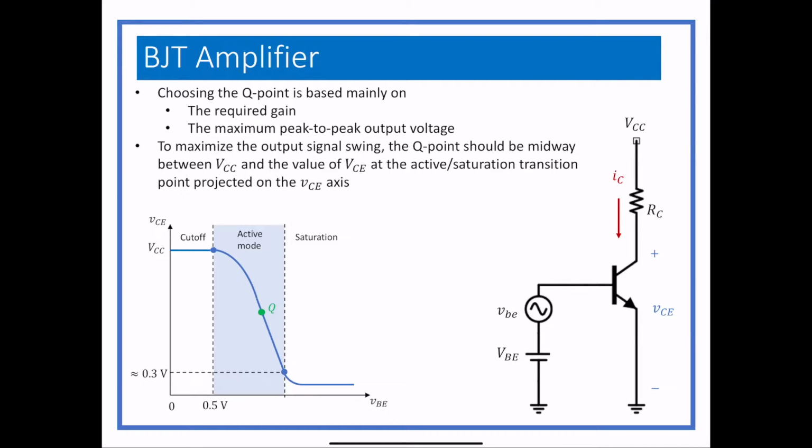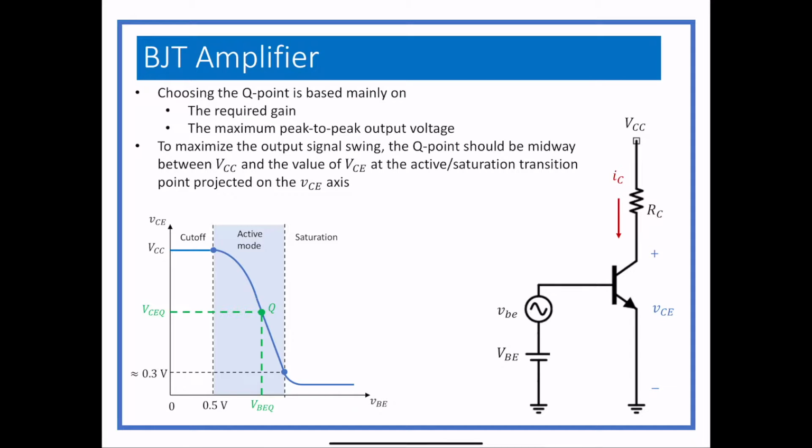So the Q point would go kind of halfway between VCC and 0.3, and you notice that the VBE line, we've got 0.5 marked on the left, and VBE is really usually around 0.7, so there's not a great deal of variation for VBE, so we don't really worry about where that falls. It obviously has to fall in the active mode. Gosh, I'm still in MOSFETs, aren't I? Has to fall in the active region, but it's going to be around 0.7, and we just sort of assume that.